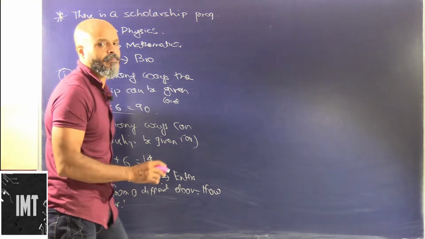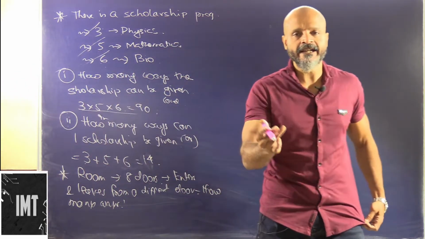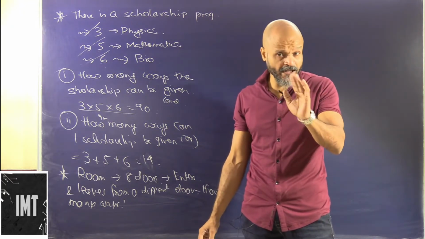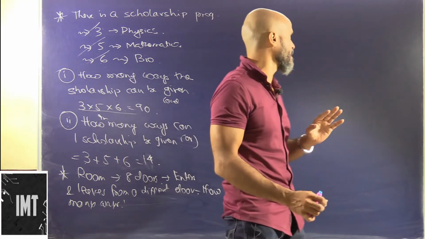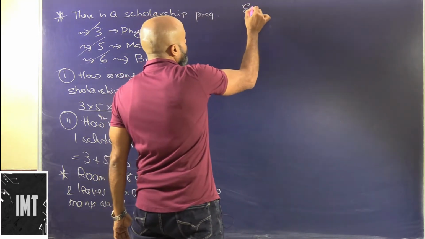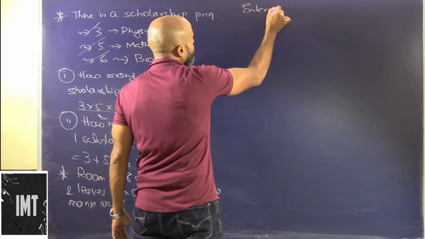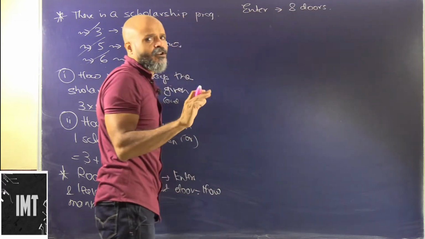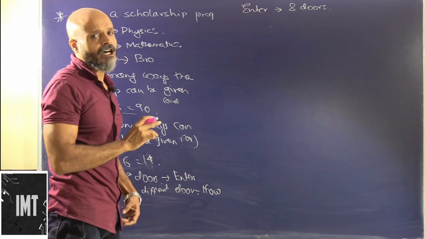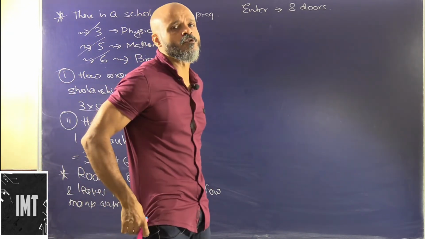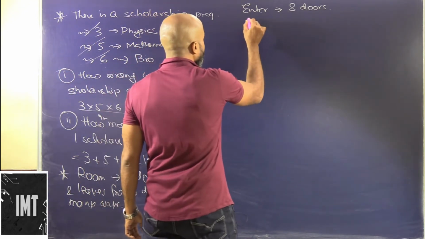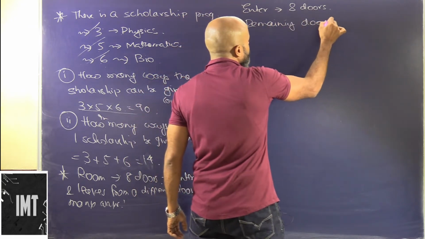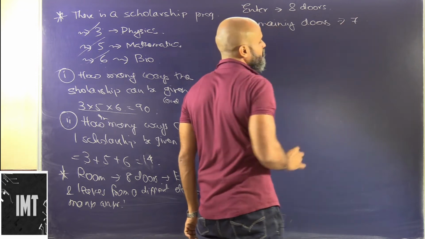Simple question. So a room has 8 doors. A person enters from one of the doors and leaves from a different door, not from the one which he has entered. So he can enter in any one of the 8 doors, and after he has entered, the number of doors that he has not used, so remaining doors, will be basically 7.